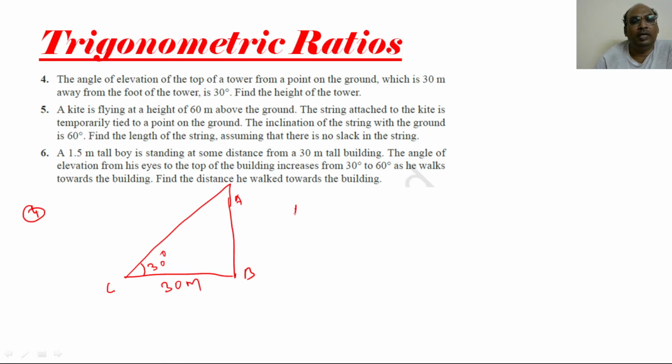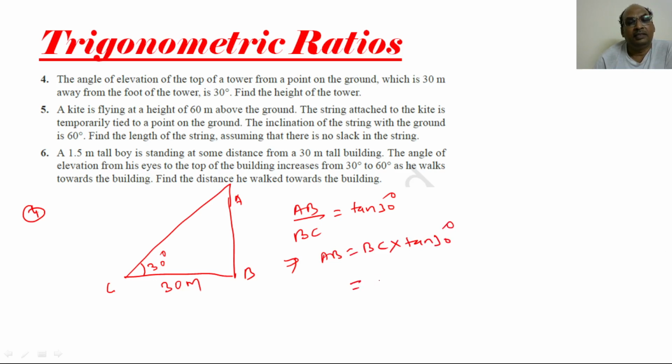So what we will be doing? AB by BC is equal to what? Tan 30 degree. Fine. So AB is equal to BC into tan 30 degree. BC is 30, tan 30 degree.